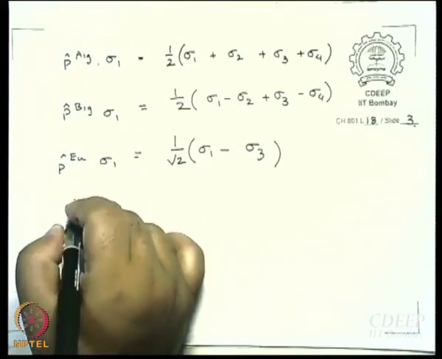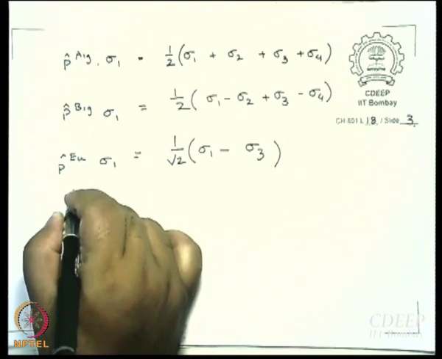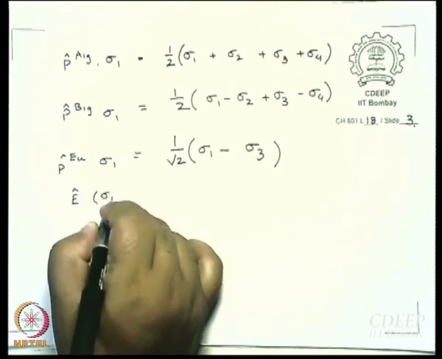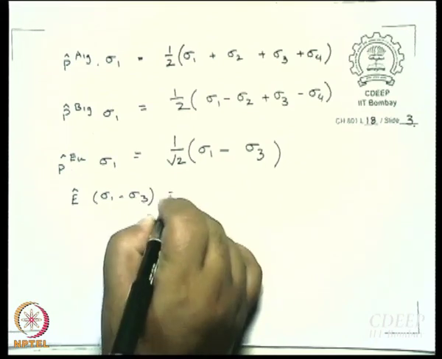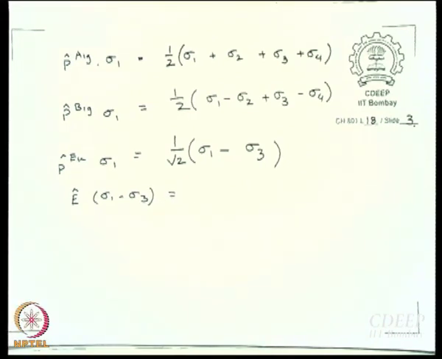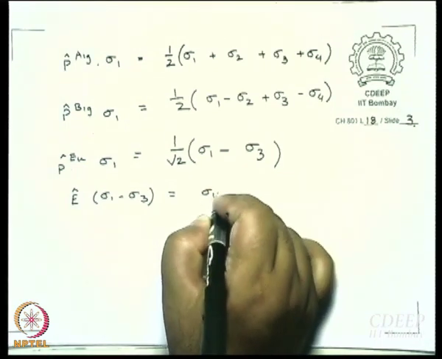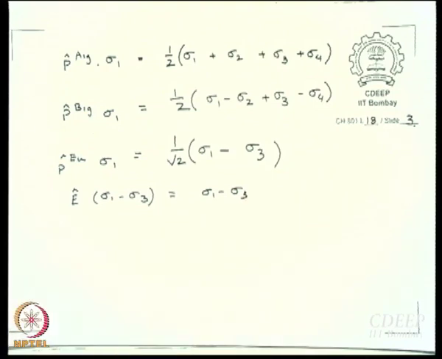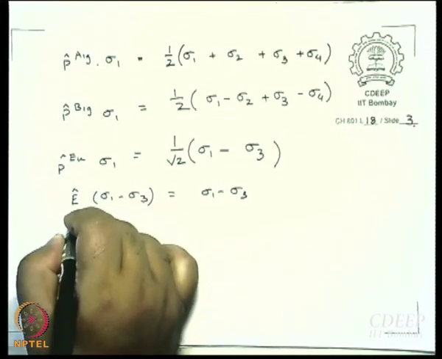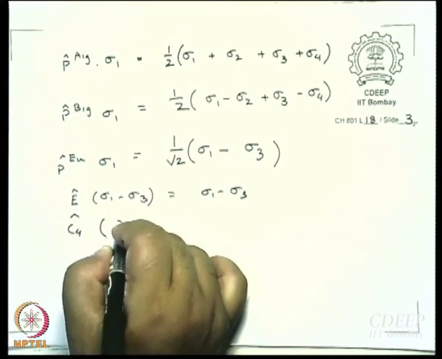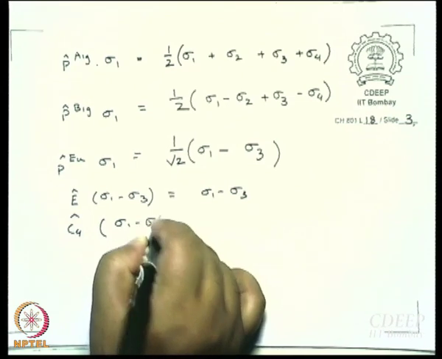What happens when E operates on sigma 1 minus sigma 3? I do not care about that 1 by root 2 at the moment. What do you get? You get the same thing. What is the next symmetry operation? C4. When C4 operates on sigma 1 minus sigma 3, what do you get?